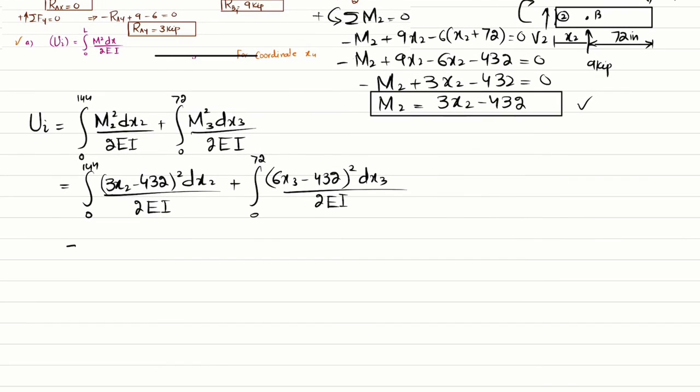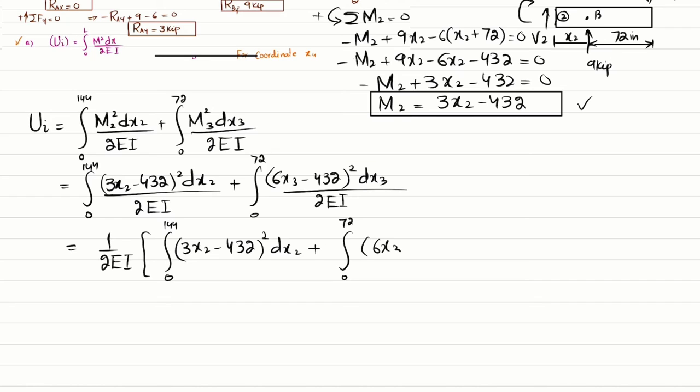Okay, so you can take 1 over 2EI common from both, and we will be left with integral of 0 to 144 (3x2 minus 432) whole square dx2 plus integral of 0 to 72 (6x3 minus 432) whole square dx3.